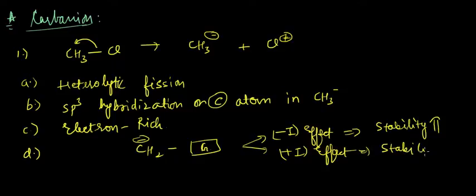The reason is obvious: we already have a negative charge on the carbon atom in CH2 minus, and on top of it we have a group showing a plus I effect. Then it will result in more instability of the carbanion.